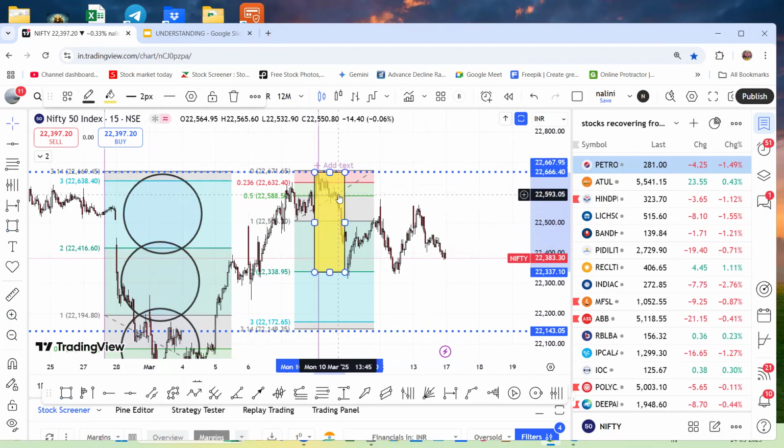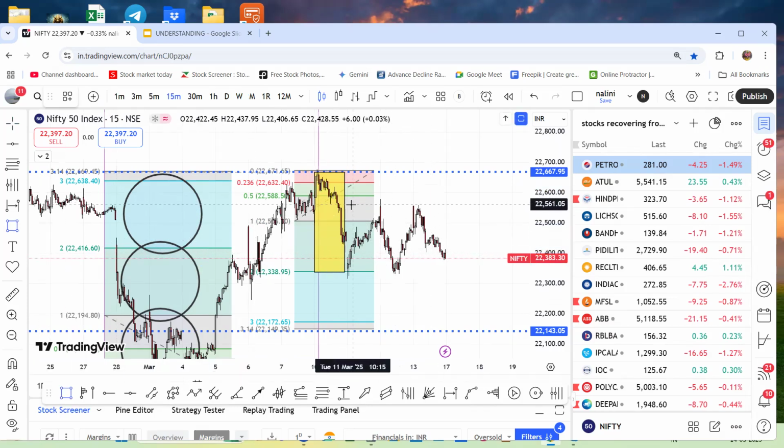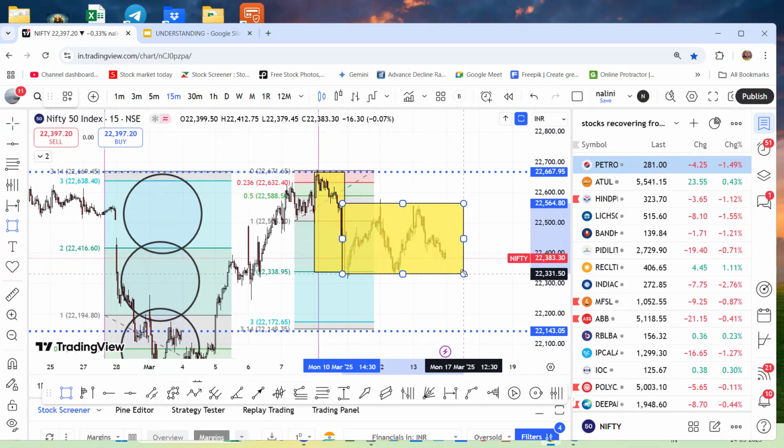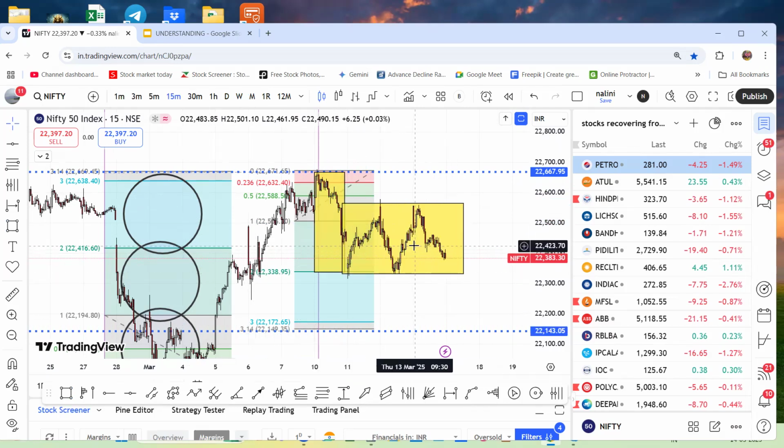Price has fallen so quickly, moved so swiftly, but the time has not taken place. It has not matched. That's why you are seeing the horizontal move. The market is experiencing a cycle that is consolidating ranges.